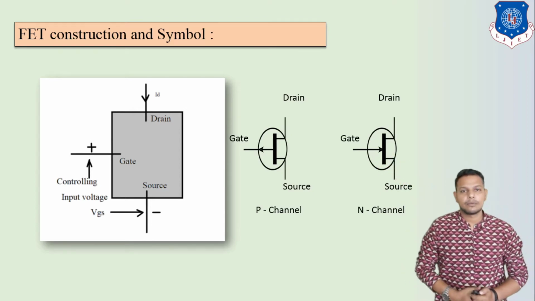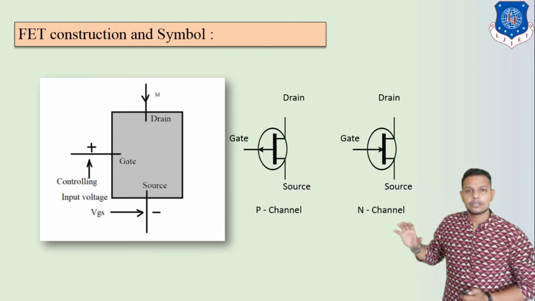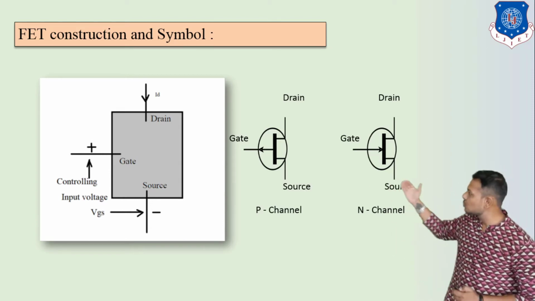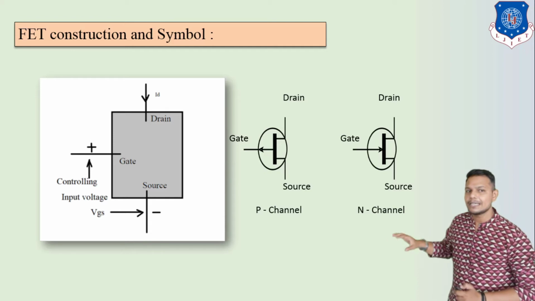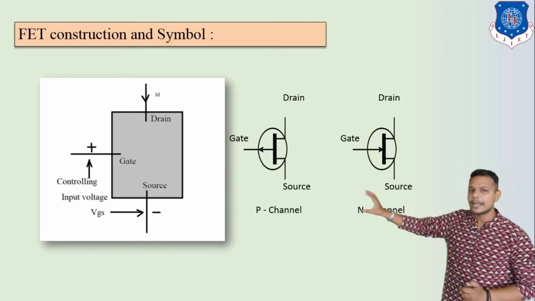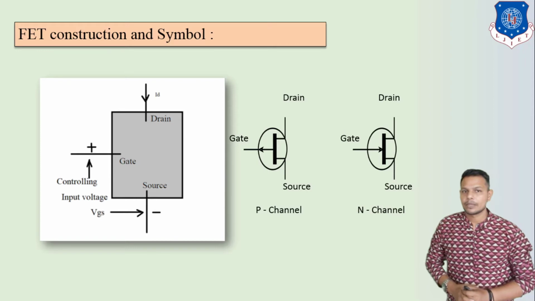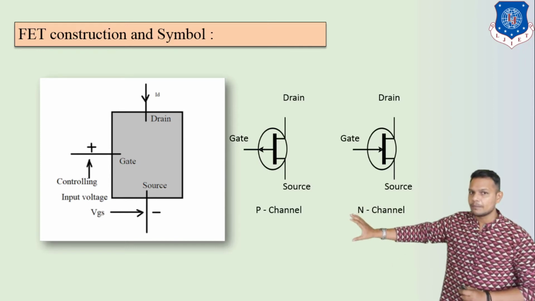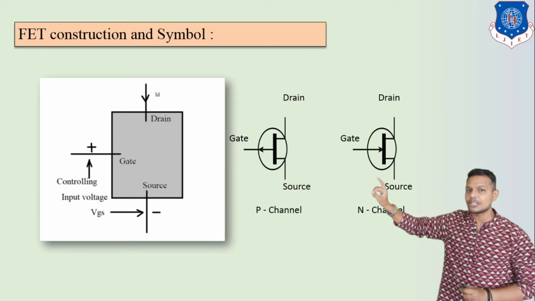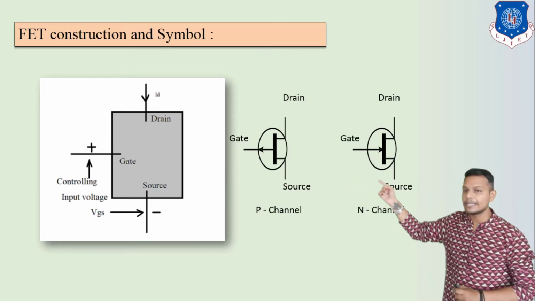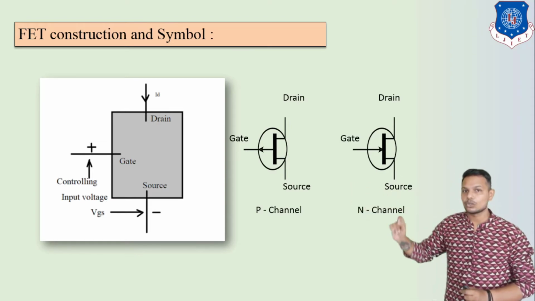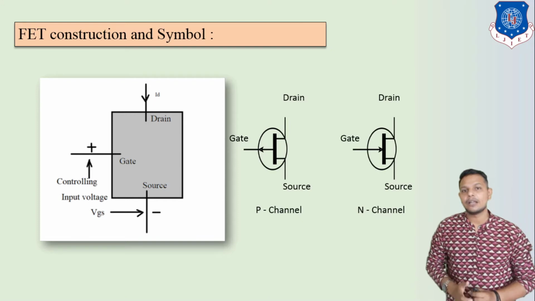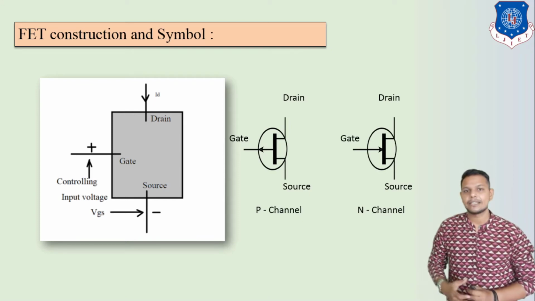Next we are going to discuss the symbols. Here we can see the two symbols for FET. Here we can see this is the N channel and this is the P channel. Let us discuss the P channel. Here the arrow's indication is outside. Clearly we can see the arrow goes outside, so it is known as P channel JFET, or we can say it is FET of P channel.